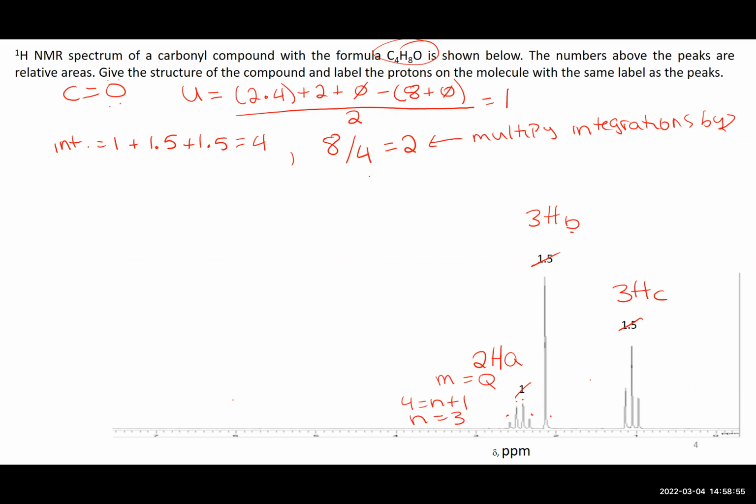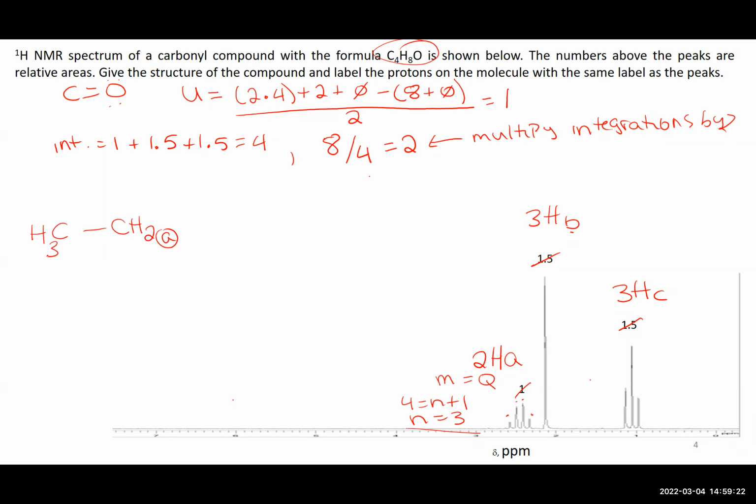So every time I analyze a peak, I'm going to try to propose a piece of the molecule. The integration is of 2, so that suggests a CH2. I mean, it could be 2 CHs, but CH2 is a good place to start. And that CH2 needs to be split by 3 neighbors. So I'm going to guess a CH2 next to a CH3.